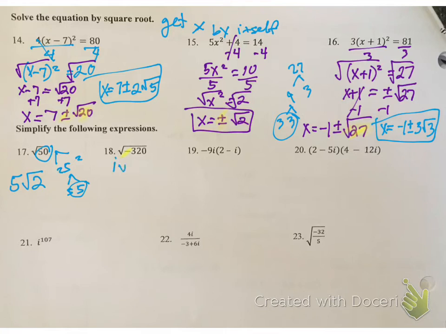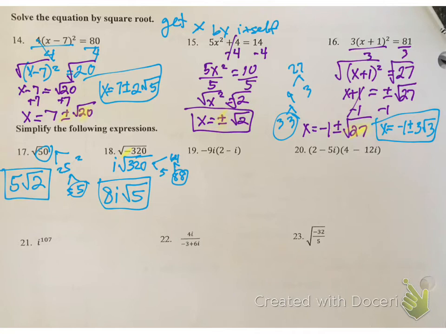So I know that I have i root 320. And then the factors of 320, we have, let's see, 64 and 5. So this becomes 8 and 8. So I can pull out an 8, i, and then square root of 5 is left over.